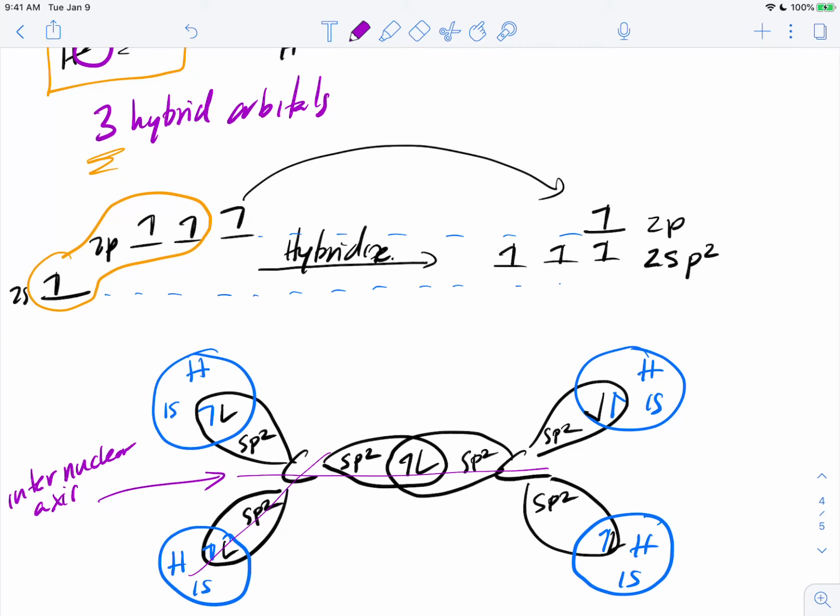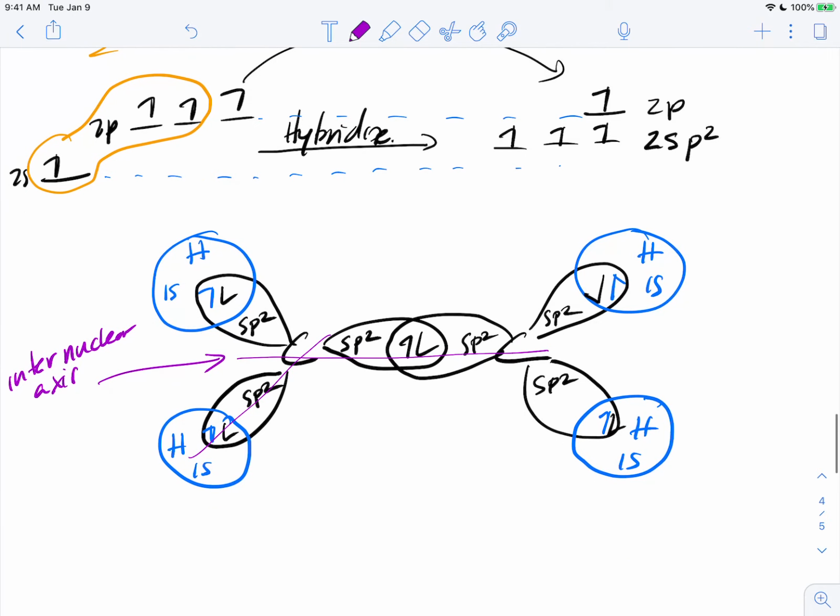Then if a bond's symmetric about the internuclear axis, we call that a sigma bond. So this would be a sigma bond here, sigma bond here, sigma bond here, sigma bond here, and the last one here. So all of our single bonds are going to be sigma bonds.